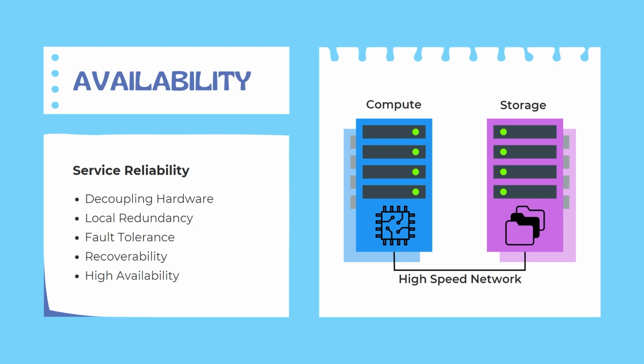So with decoupling the compute and the storage, we also create a scenario where we can create redundancy, which means the ability to duplicate. So from the storage perspective, we can duplicate the storage. So every file that's being accessed by the compute or being created, being modified, the storage can be duplicated in another physical hardware.